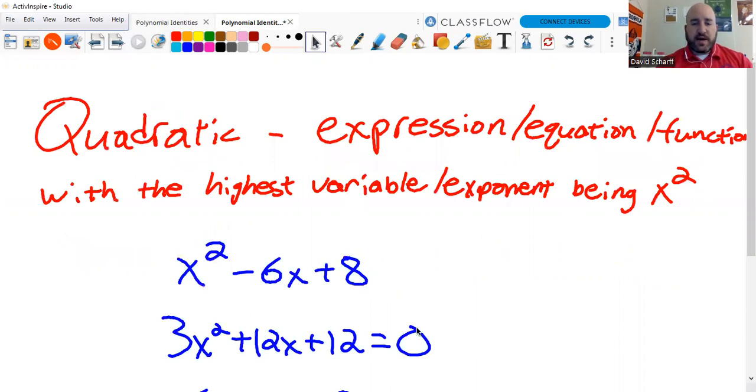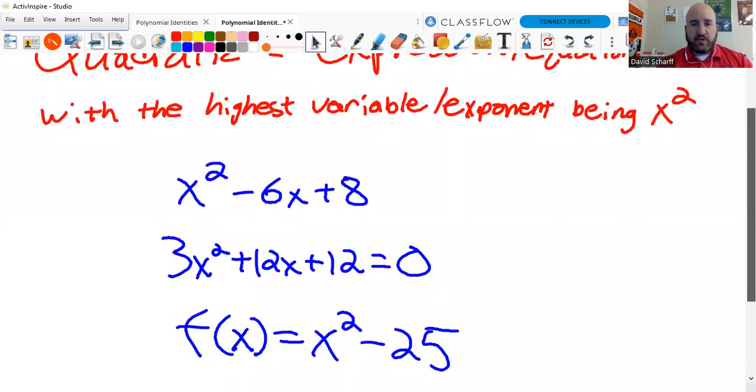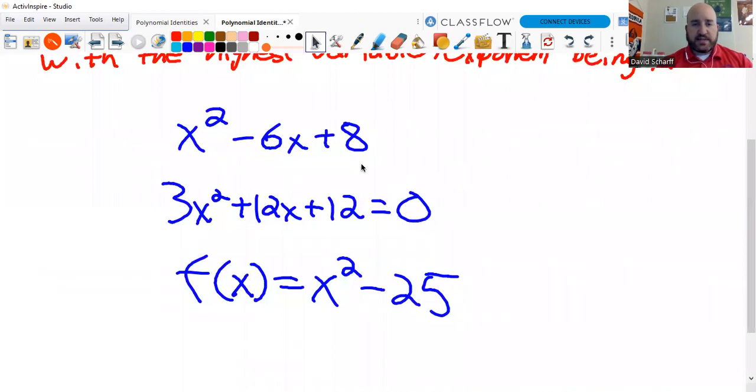And again, just a reminder about what a quadratic is, because this was how we restarted everything when I showed you all this in class, before we talked about the regular factoring. A quadratic is an expression, equation, or function with the highest variable exponent being x squared. So I've got x squared minus 6x plus 8.